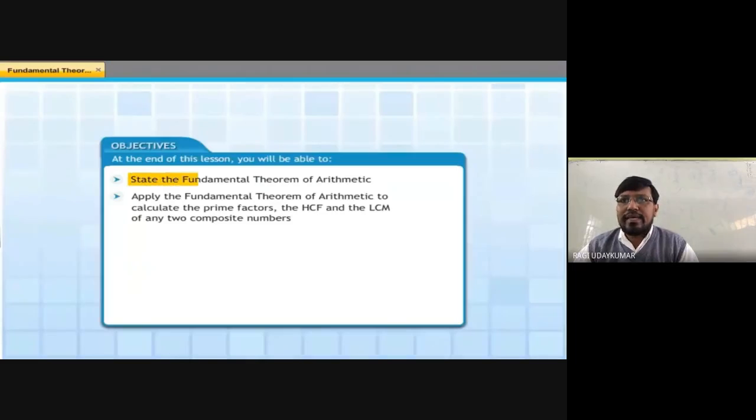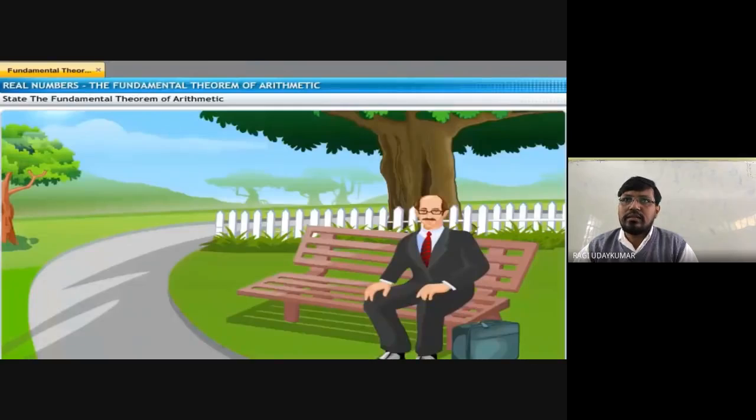There are so many applications of the fundamental theorem of arithmetic to find the HCF and LCM of two composite numbers. So apply the fundamental theorem of arithmetic to calculate the prime factors and the HCF and LCM of two composite numbers. This is very important to you.